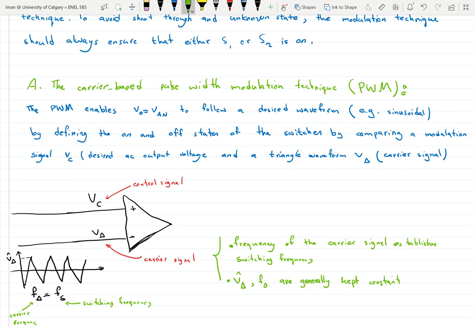So this control signal determines what kind of output waveform I can expect in the fundamental component of my output voltage, right?